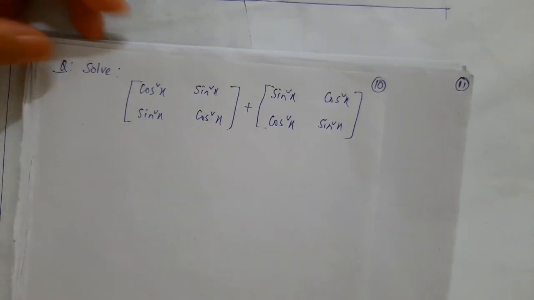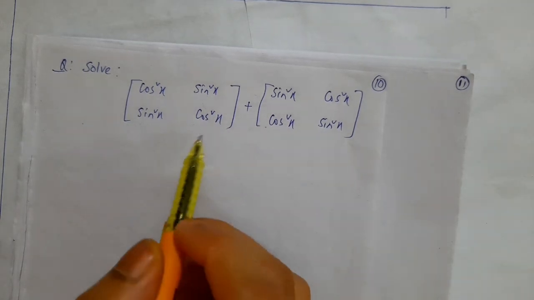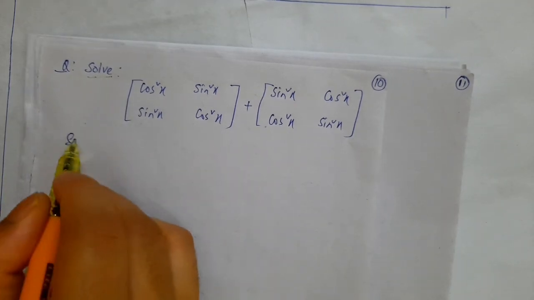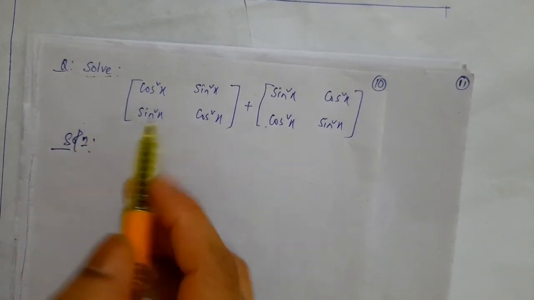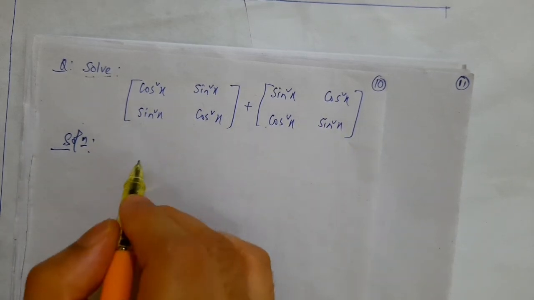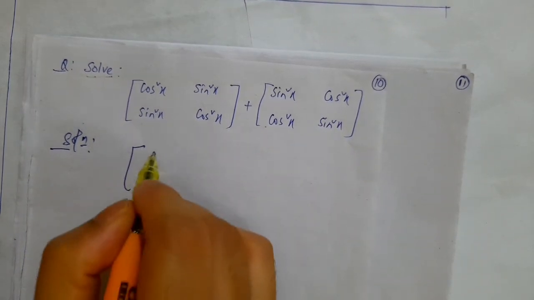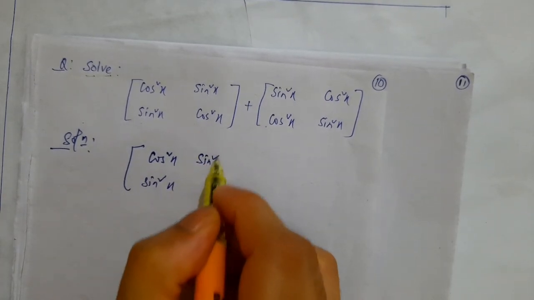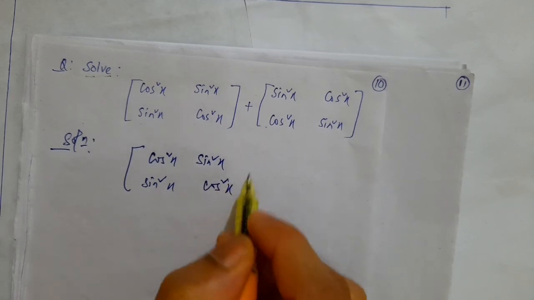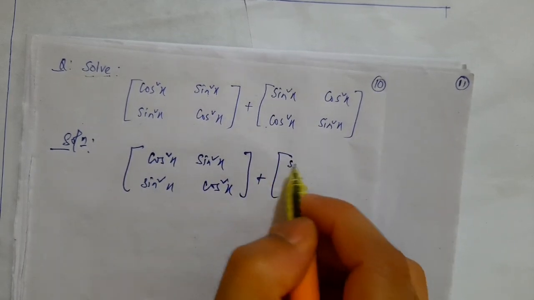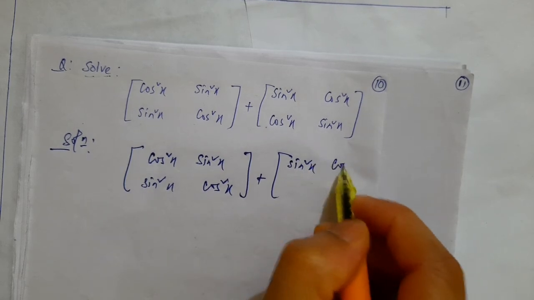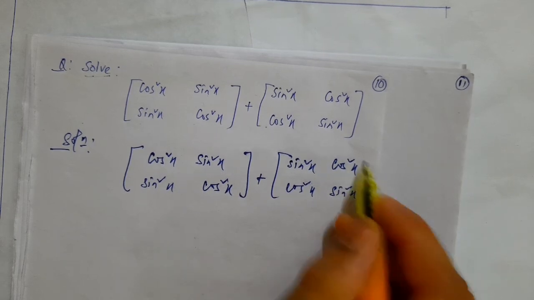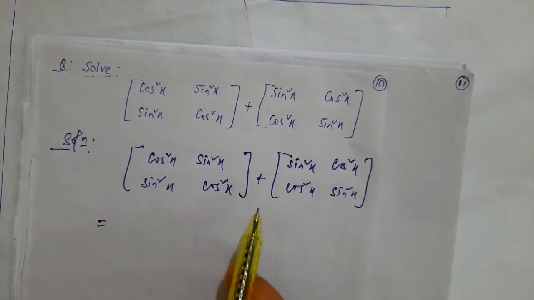Okay. Now we will do another question. It is one of the NCERT questions. How can we solve this one? They asked us to simply add these two. So the question is cos squared x, sin squared x, sin squared x, cos squared x, plus cos squared x, sin squared x, cos squared x, sin squared x. Both are of the same order, 2 by 2.